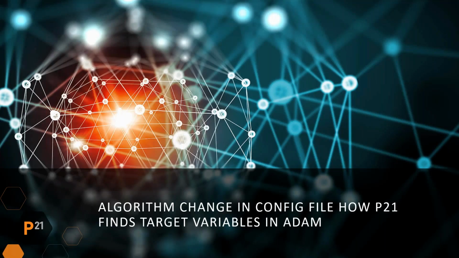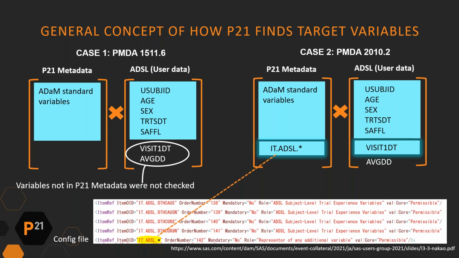Now, let me move on and talk about algorithm change in config file, how Pinnacle 21 finds target variables in ADaM. This slide is showing you the general concept of how Pinnacle 21 finds target variables for validation.